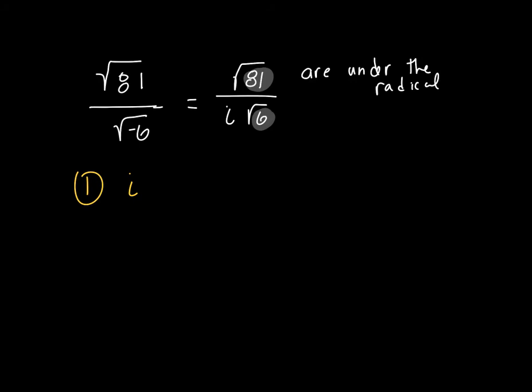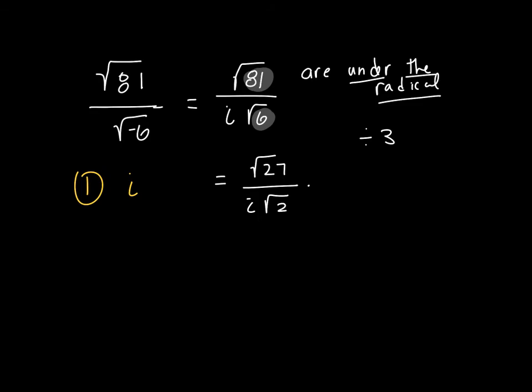And it's only because they're both underneath the radical. So both 81 and 6 are divisible by 3. So that gives me 27 over i square root of 2.